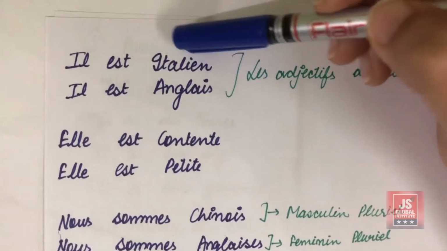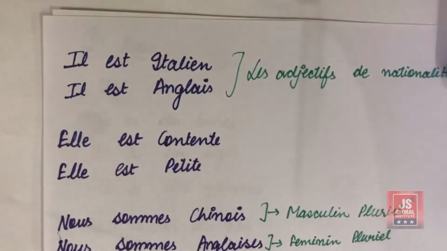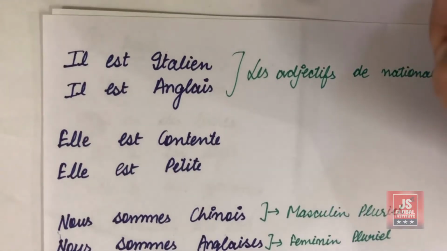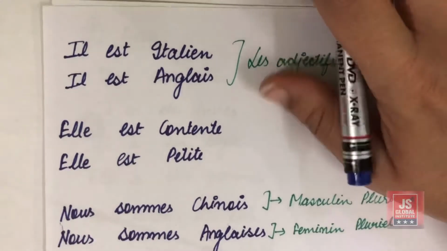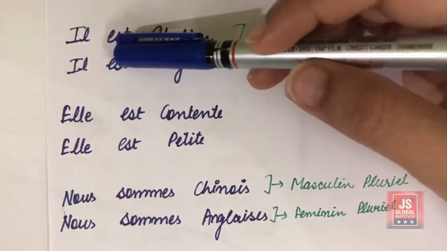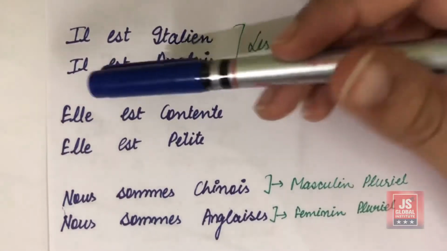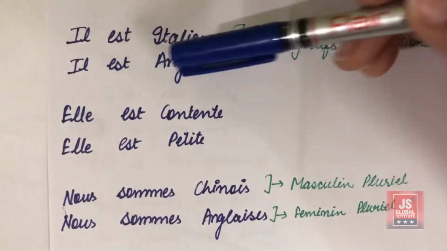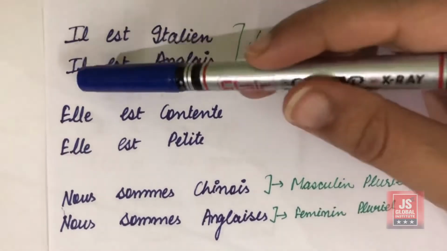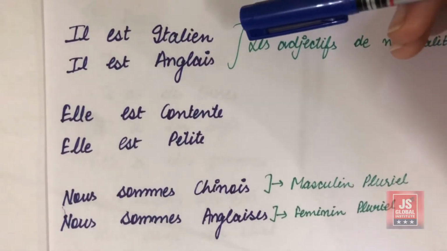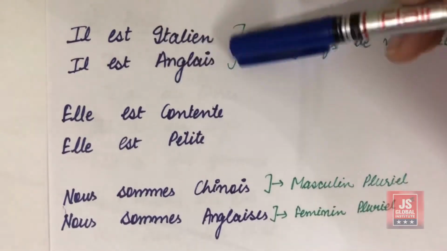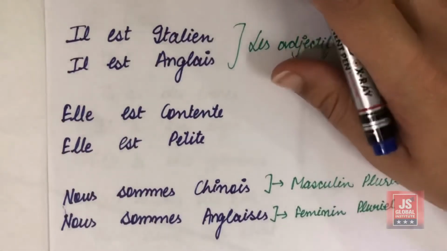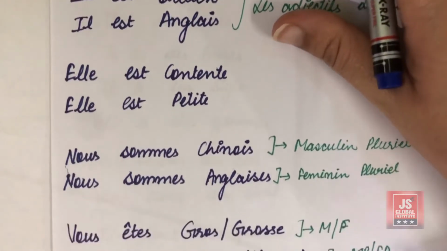Okay, so this is basically les adjectifs de nationalité, which means the adjectives of nationalities. Okay, so one more example is there. Il est anglais. Il est anglais, so which means he is Englishman, okay, or he belongs from England. Okay, so this is basically the nationality of Angleterre, which is England. Okay, next is elle.